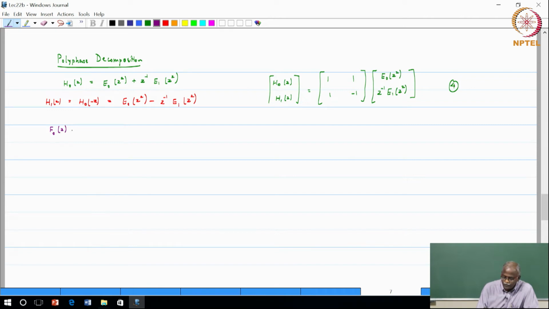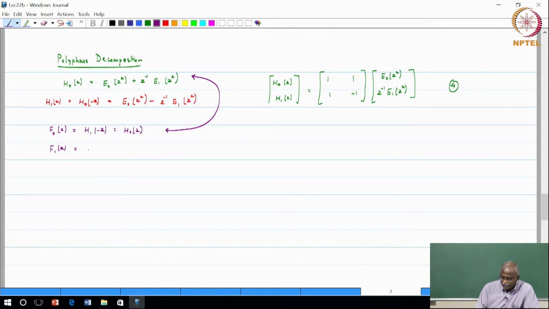F naught of Z, from aliasing cancellation principle of choice, is H1 of minus Z. So, that is straightforward. H1 of minus Z is actually equal to H naught of Z. So, F naught and H naught are one and the same filter, because of the polyphase decomposition and the QMF constraint, they actually map back to the original one.